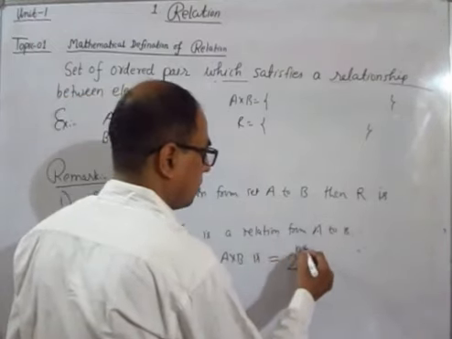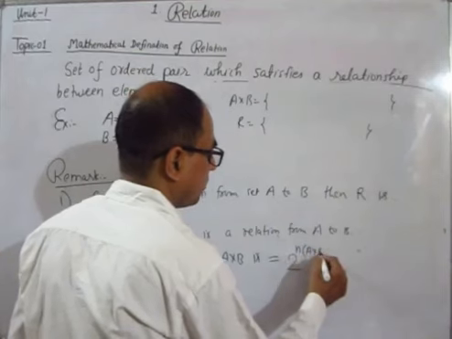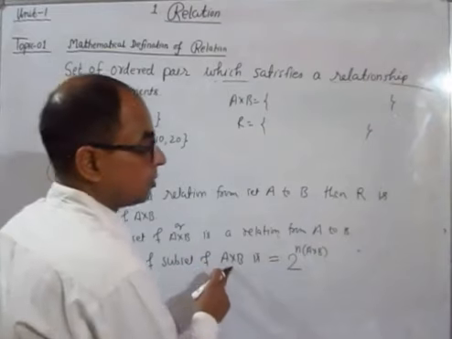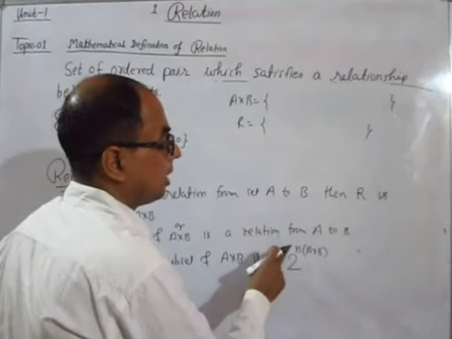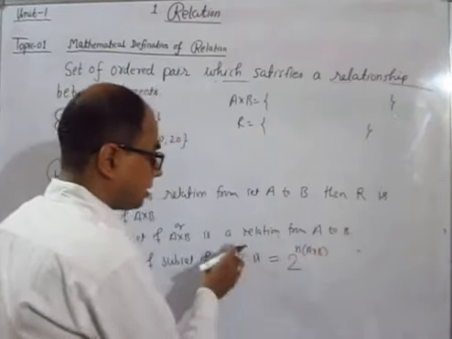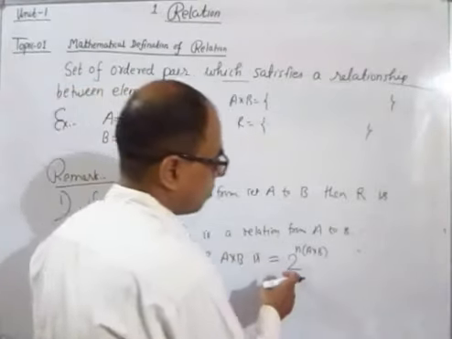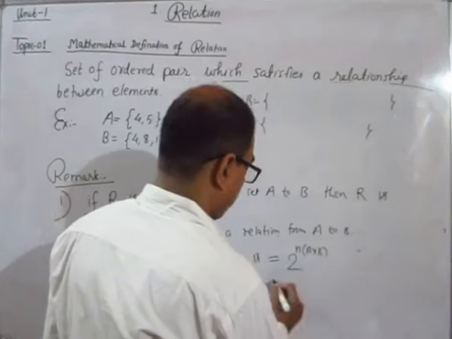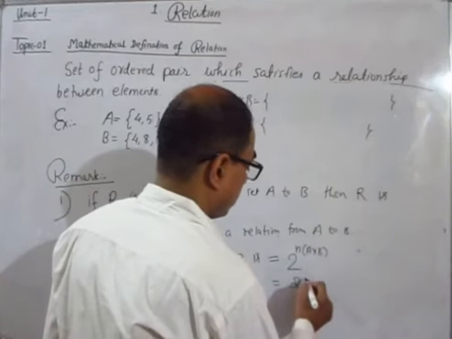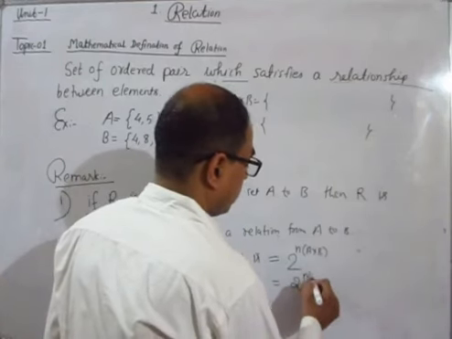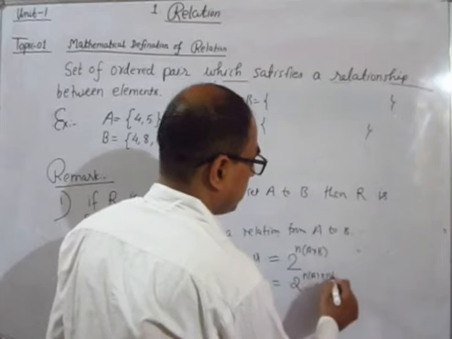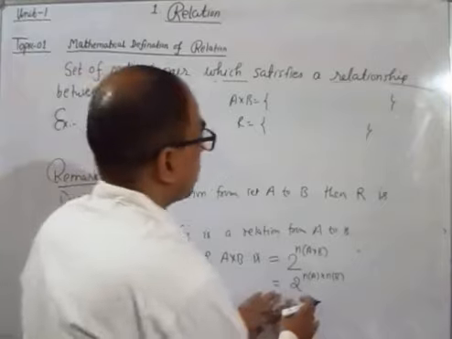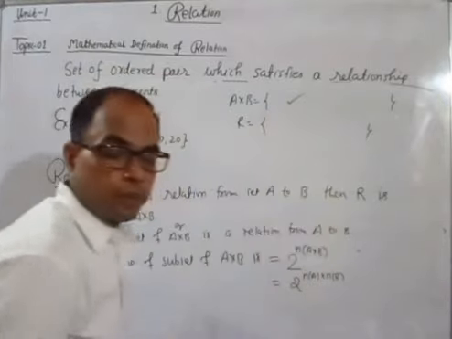So the total number of subsets of A cross B is equal to 2 to the power number of elements in this set. This is a very famous formula. This can be written as 2 to the power number of elements in A into number of elements in B. So this is the total number of subsets of this set.